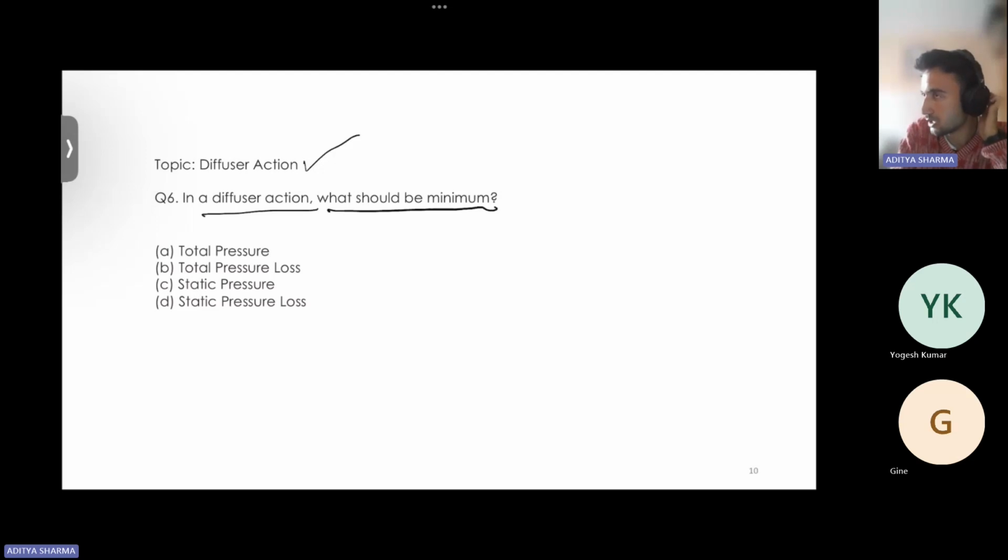So what is our target? All right. Okay. Static pressure. Static pressure. All right. And what does Ginny say?